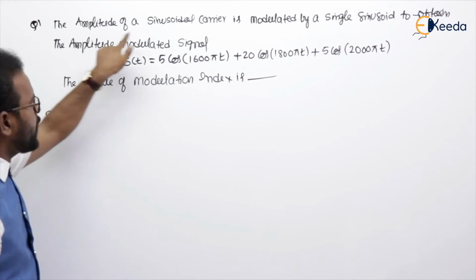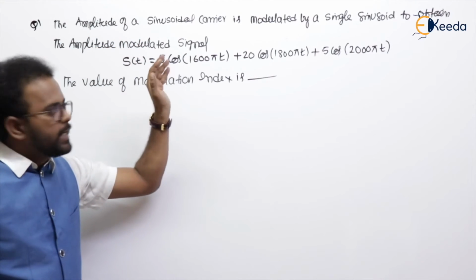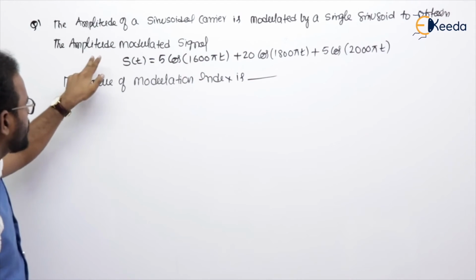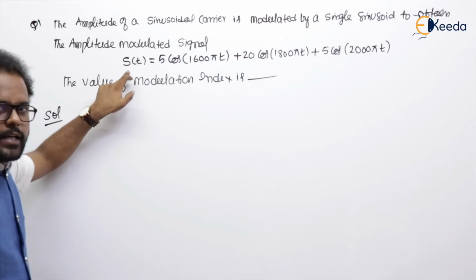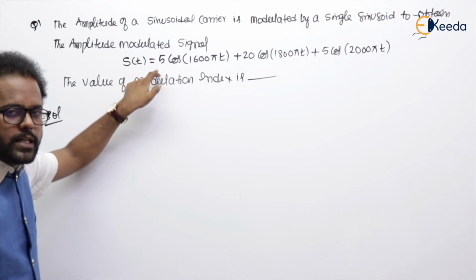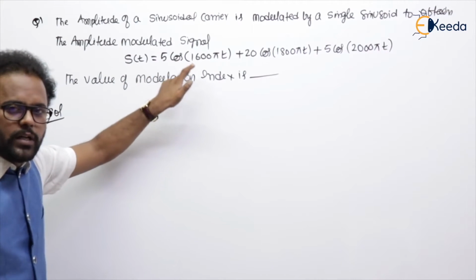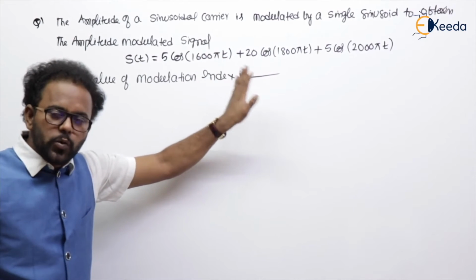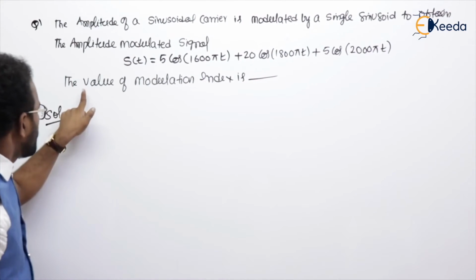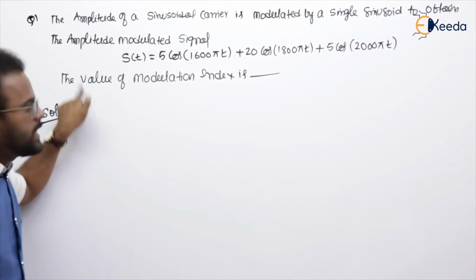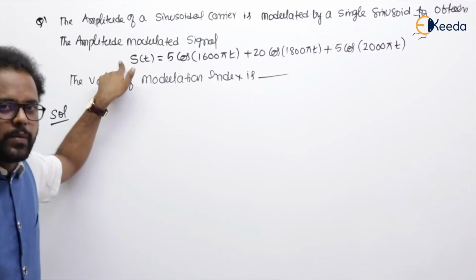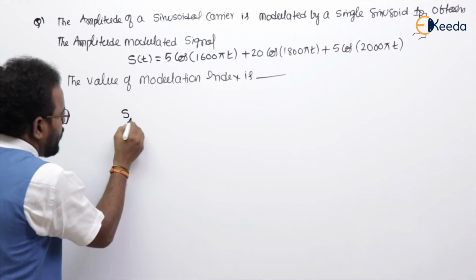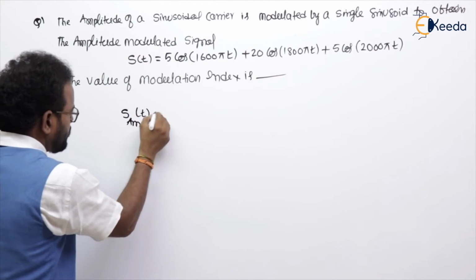The amplitude of a sinusoidal carrier is modulated by a single sinusoid to obtain the amplitude modulated signal s of t equal to 5 cos 1600 pi t plus 20 cos 1800 pi t plus 5 cos 2000 pi t. The value of the modulation index is? It's a straightforward AM expression. What is the standard expression of AM in that format?